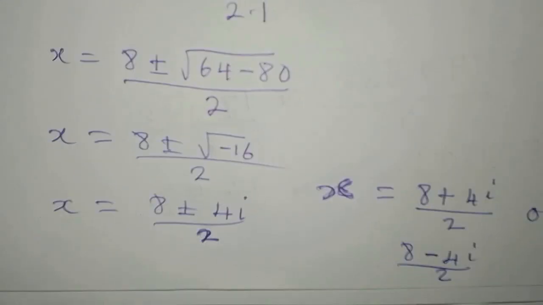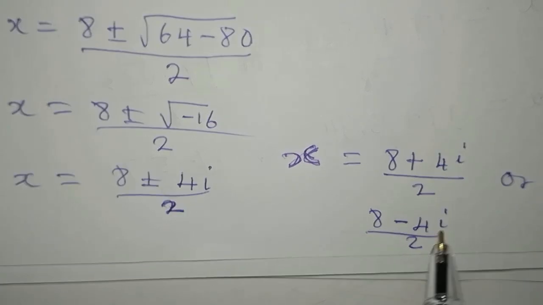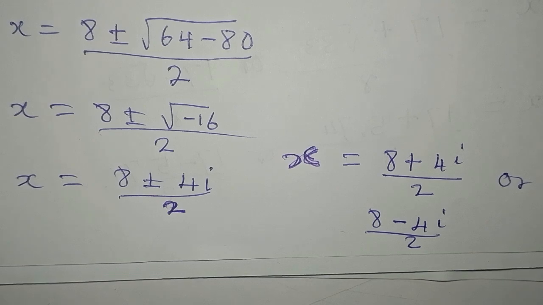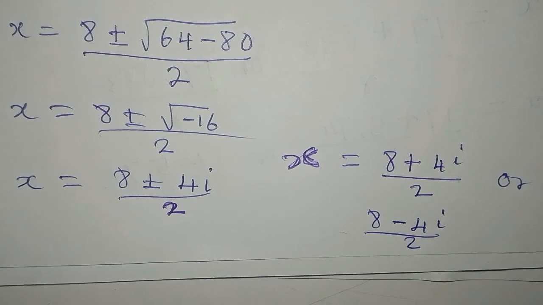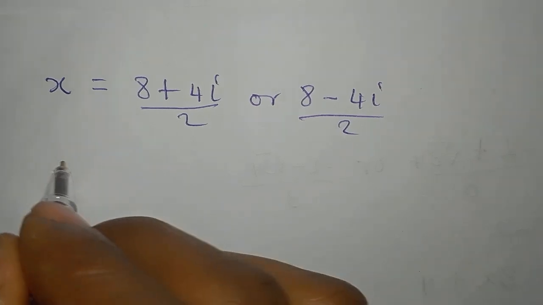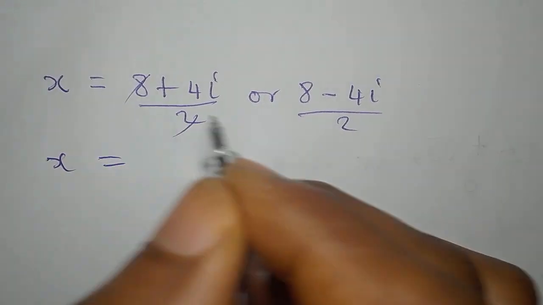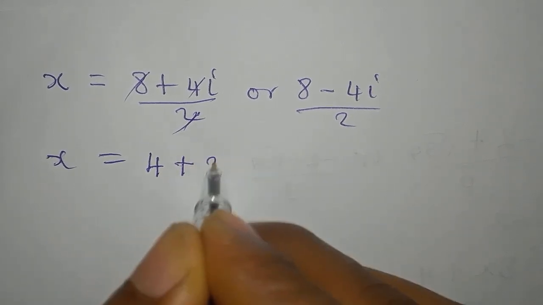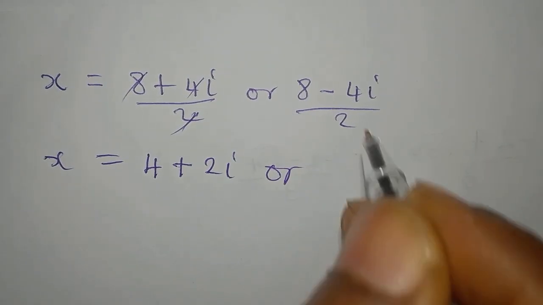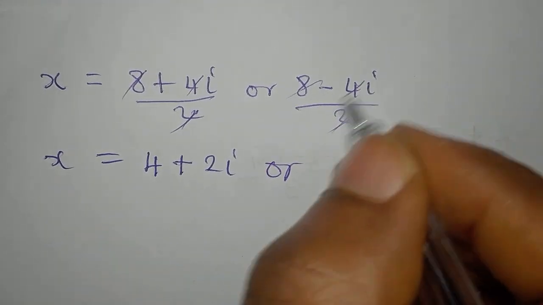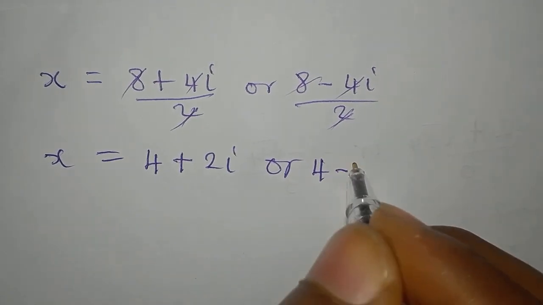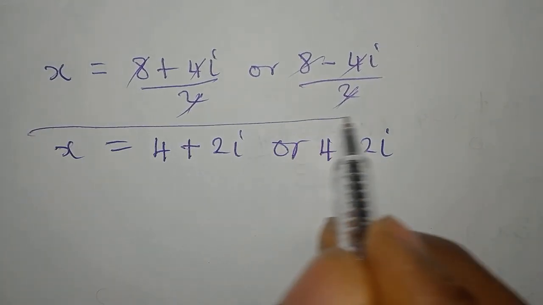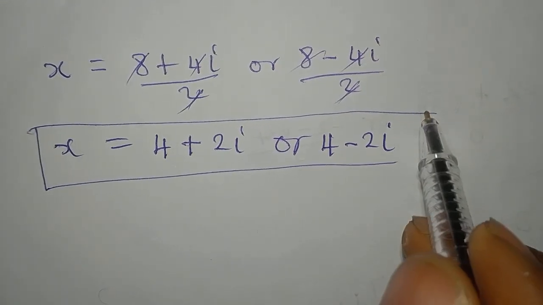So this will become the first value of x, but we can still simplify this. This means that x is equal to, 2 can go here, the same 2 will go there, we have 4 plus 2i, or 4 minus 2i. So from here we have the first values of x.